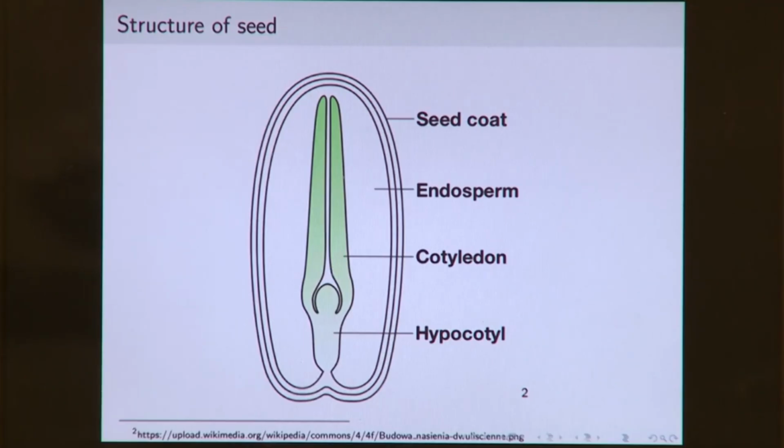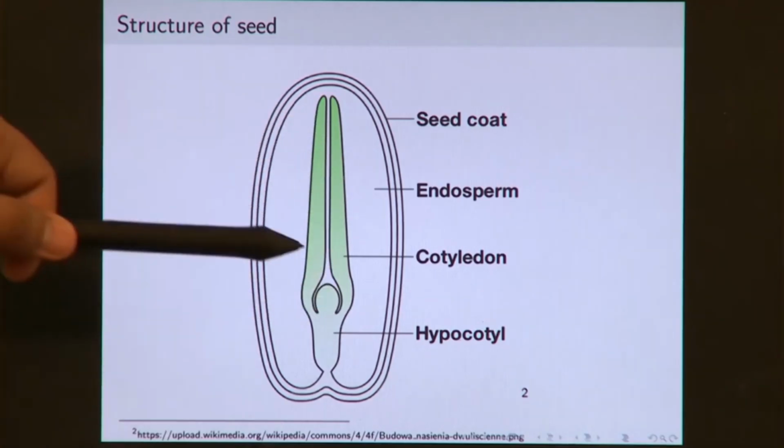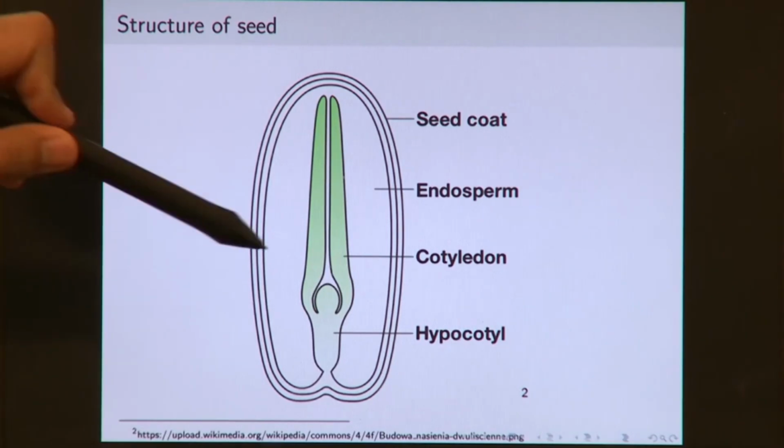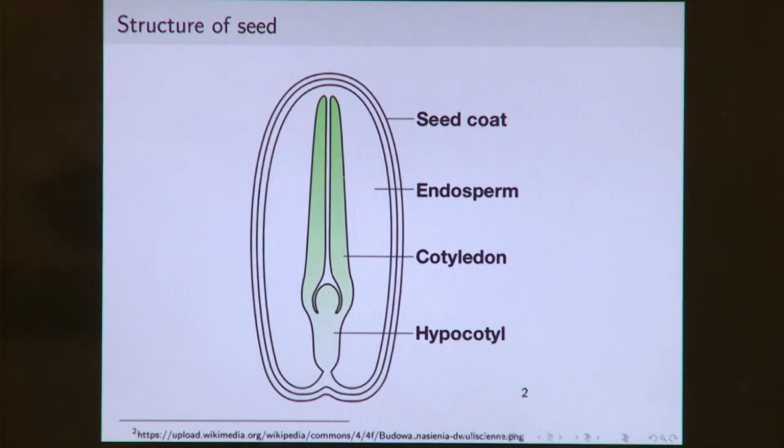But till the time that these leaves are formed, come out, and get exposed to the sun, the plant needs energy and that energy is provided by the endosperm. Cotyledons are the leaves of this developing plant and hypocotyl is the part that is below the cotyledons.